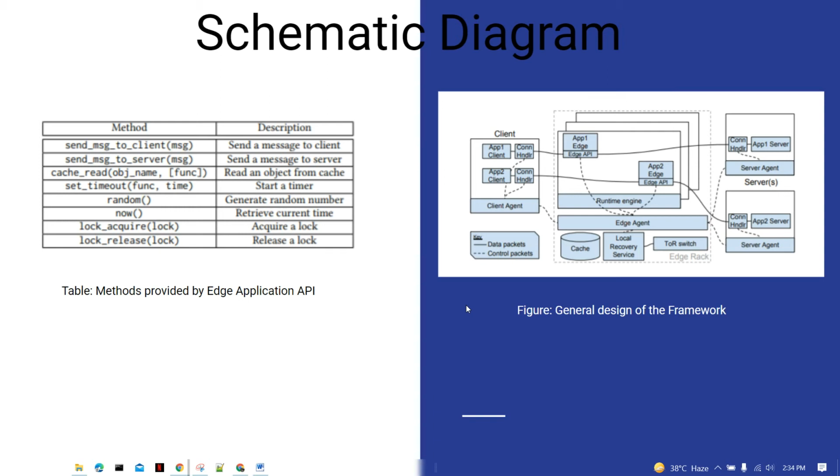Now, lastly, going towards the schematic diagram, the authors have produced a general design of the framework which can be seen here. Let me discuss more about it. When moving to a new edge, we need to ensure that before this new edge processes new packets from the client or server, it has established the last committed state of the previous edge.